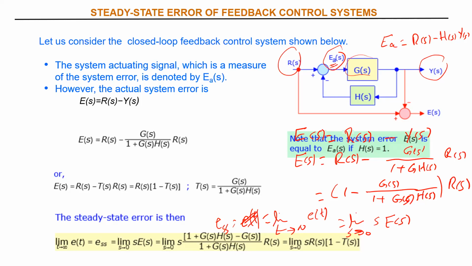What's the output of the motor? The theta, basically the angle, the position. Now, how do I compare theta and R? This is position and this is voltage.